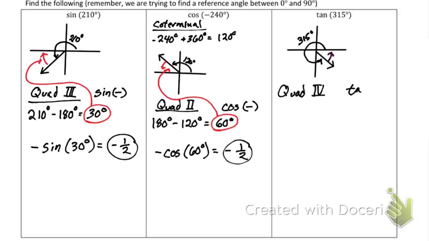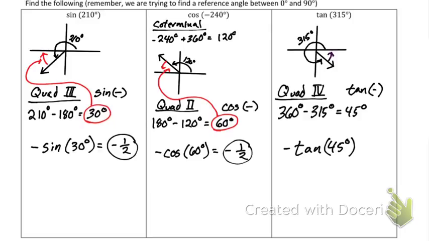Tangent is negative in quadrant 4 because it's all students take. Tangent's only positive in first and third, so in fourth it is negative. In quadrant 4, I do 360 minus my angle of 315, which equals 45 degrees. And so I am actually looking for a negative tangent of 45 degrees, which is going to be a negative 1.